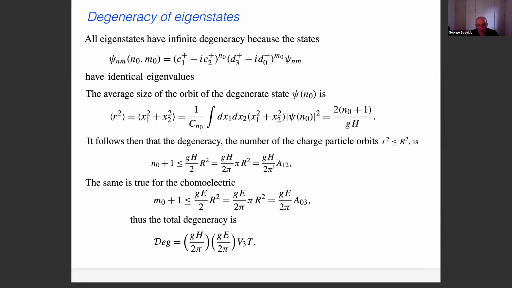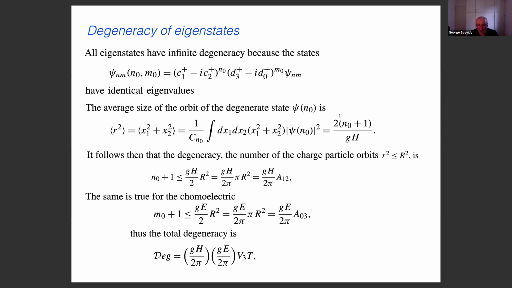Right now we can ask how many states n are in the radius less than r squared. So we can resolve this equation and find n0 plus 1. From this inequality, it will be less than gh r squared.